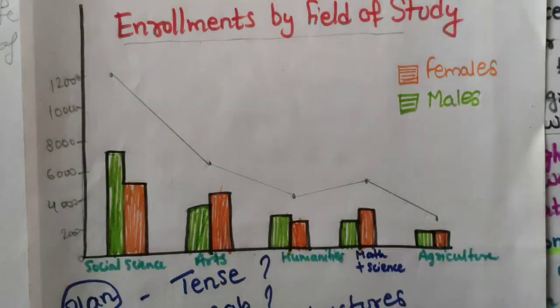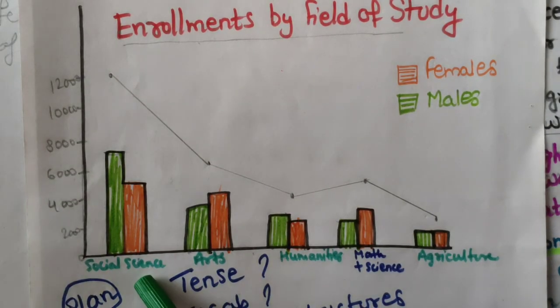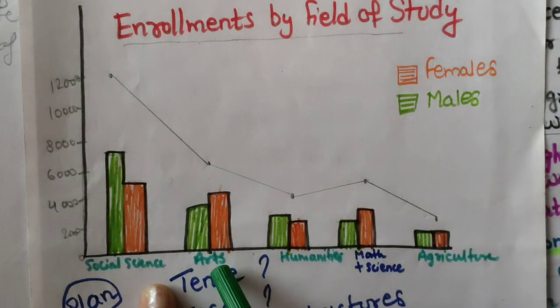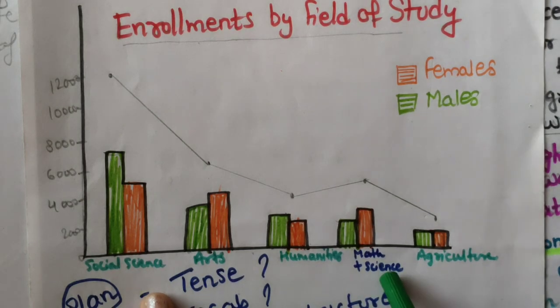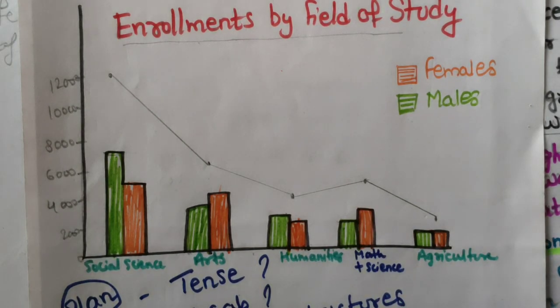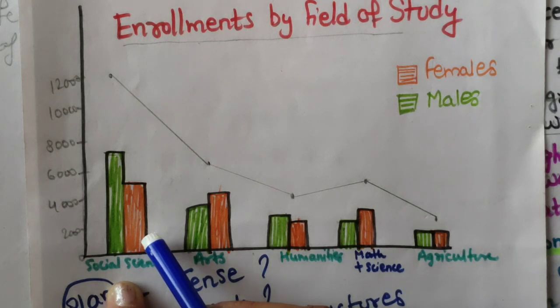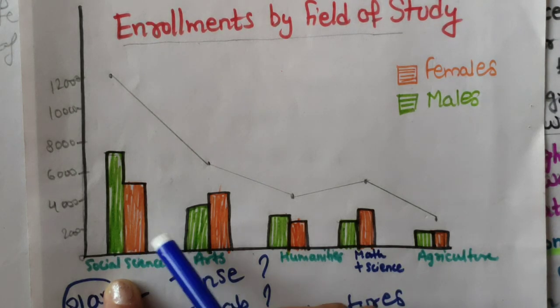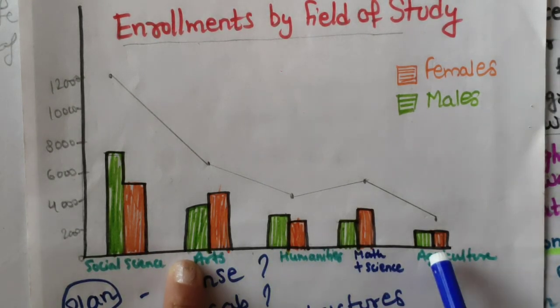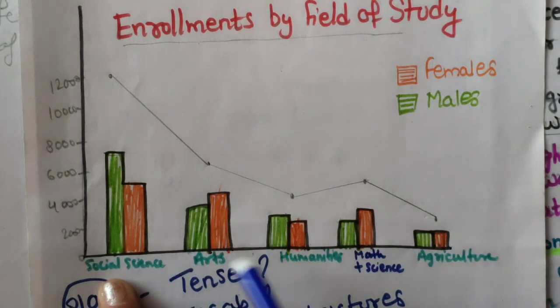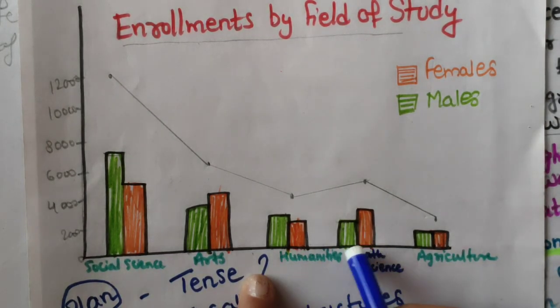Now what you can see, there are 5 subjects: social science, arts, humanities, maths and science, and agriculture. So here I can see in this subject more students are there, then this is the second and this is the least one, highest, least, and these are in the middle.